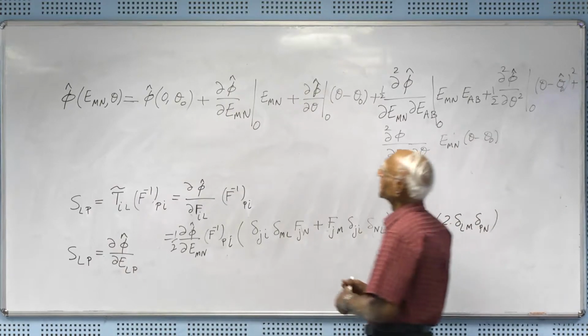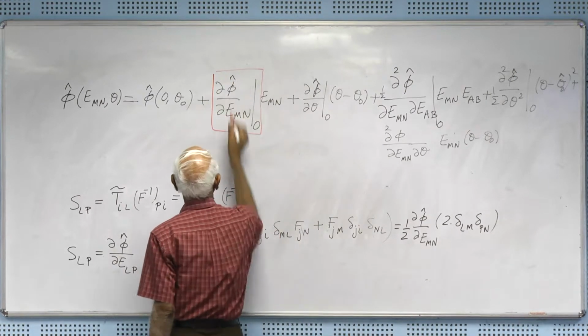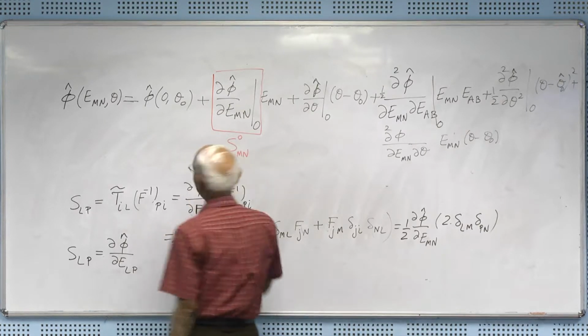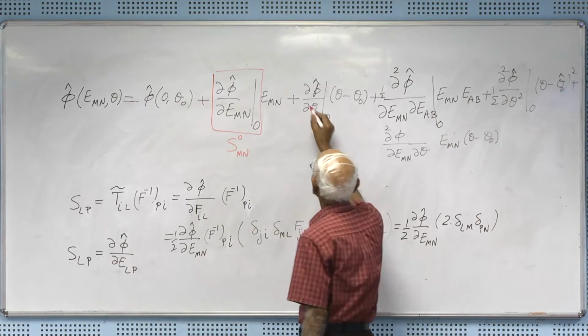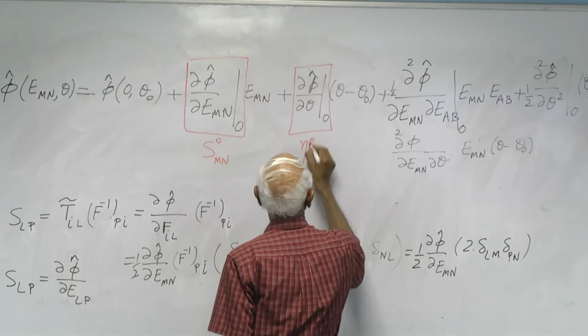Now there are so many of these constants. So let's say we denote these by S m n 0. We denote this by eta 0.